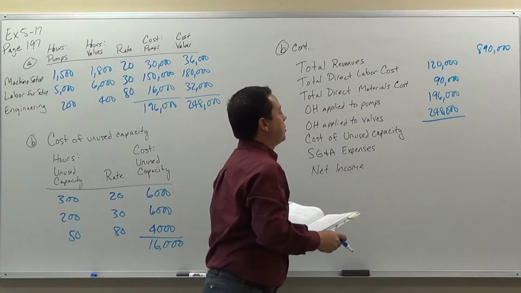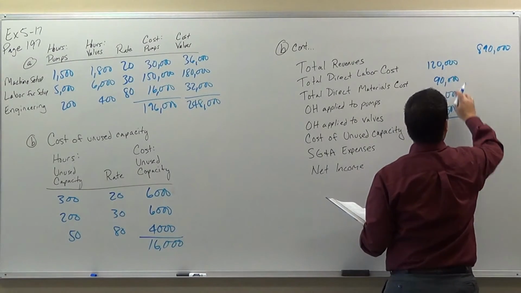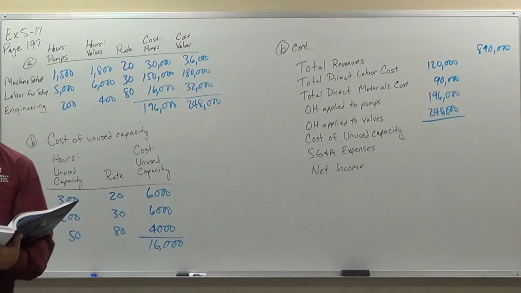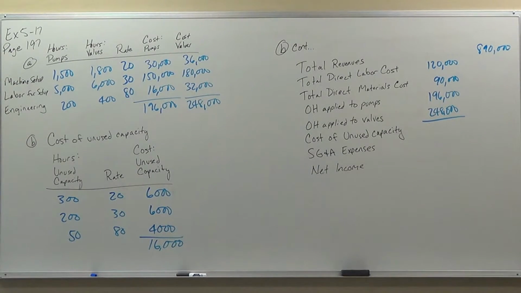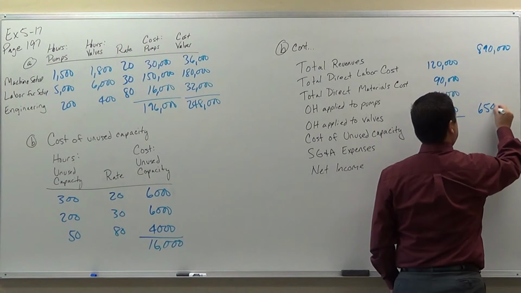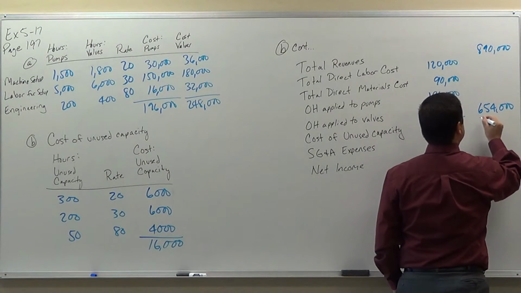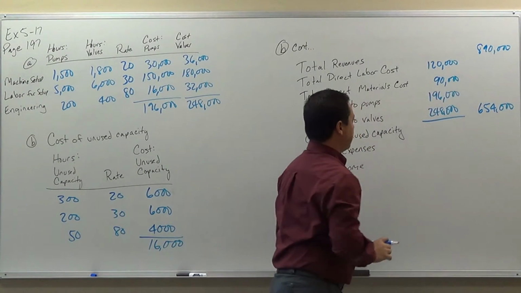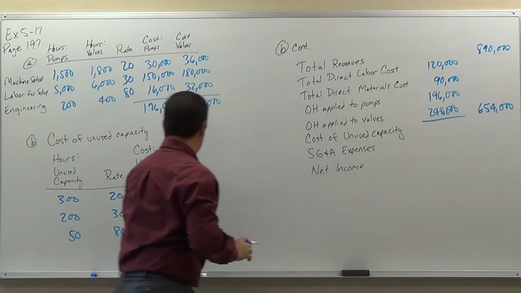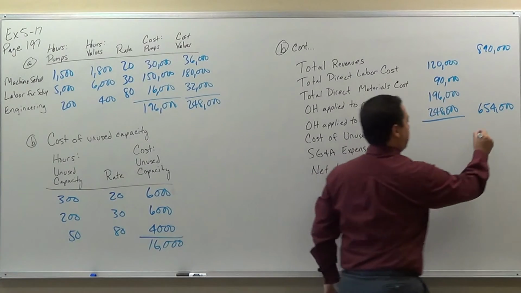All right, so what I'm going to do is total up all of these expenses to give me those costs. So 654,000. All right, so I have 654,000 we're going to take away from my revenues. I have cost of unused capacity, which comes from right here. So my 16,000, I'm going to put it right here.